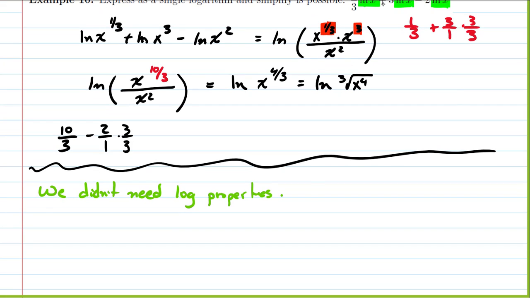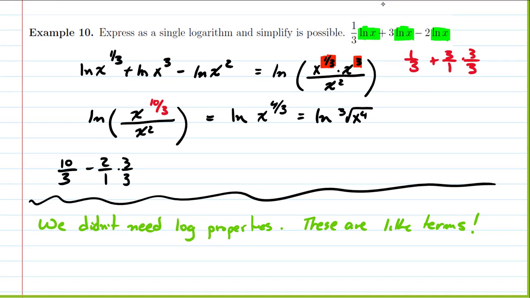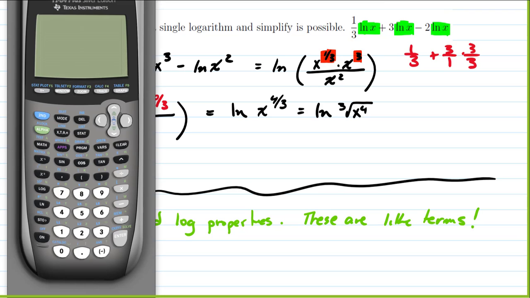These are like terms. Right? It says 1/3 x plus 3 minus 2. So if we gather up our like terms, what are we going to end up with? Well, in other words, what's 1/3 plus 3 take away 2? Well, we've seen that number somewhere before. 4/3.